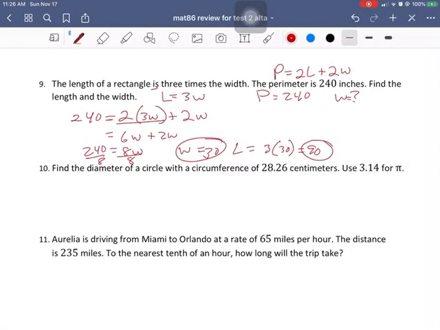Okay, so the circumference of a circle is 2 pi r, which is the same as d pi. The C is 28.26, and use 3.14 for pi. So that means we have 28.26 equals 3.14, which is pi, times whatever d is.